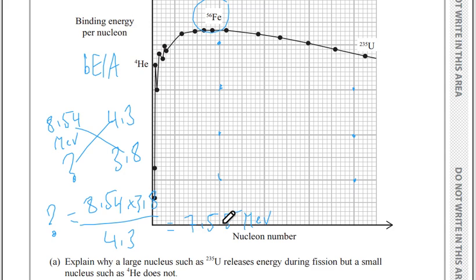You can find a slightly different value here in the mark scheme, 7.44 MeV. I expect perhaps it is 3.8, but here it may be more than 4.3. Okay, anyway, it goes with the same way of solving.